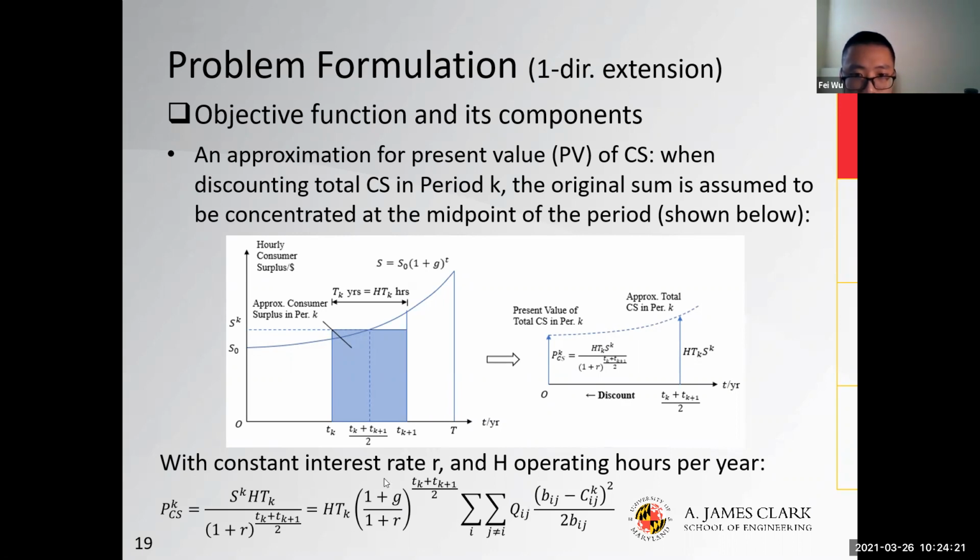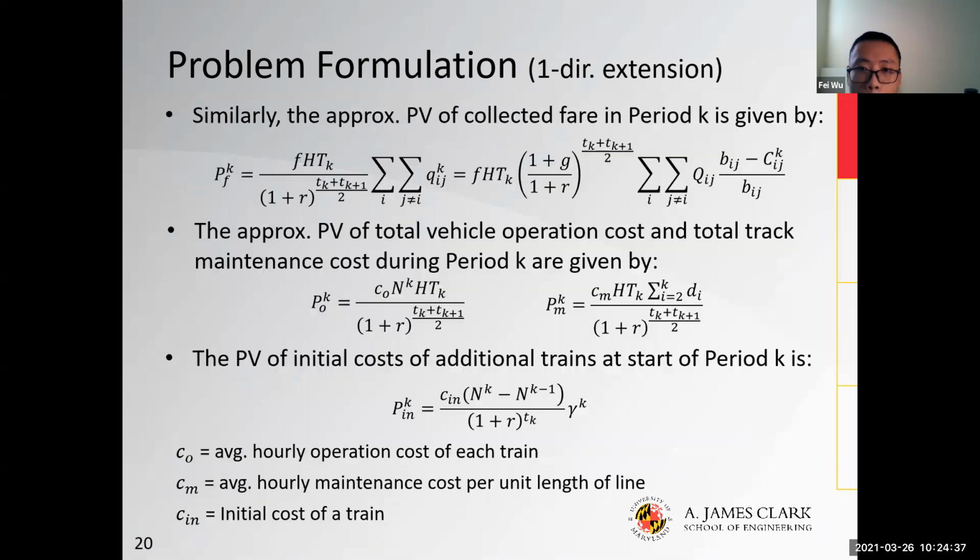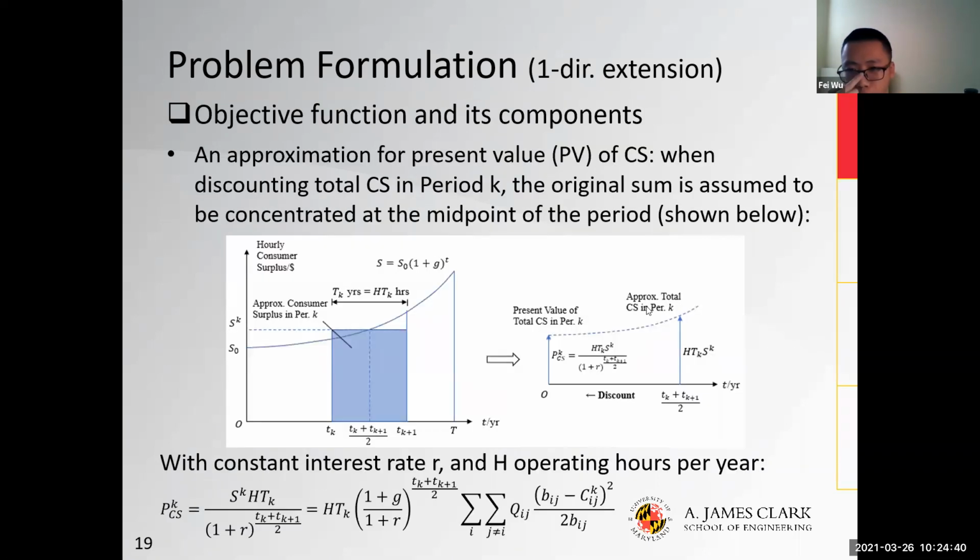We also multiply this approximate average by H, which is the total hours of operation in a year. One more thing: the figure on the right shows how we are discounting the total consumer surplus from the future time to the present time.